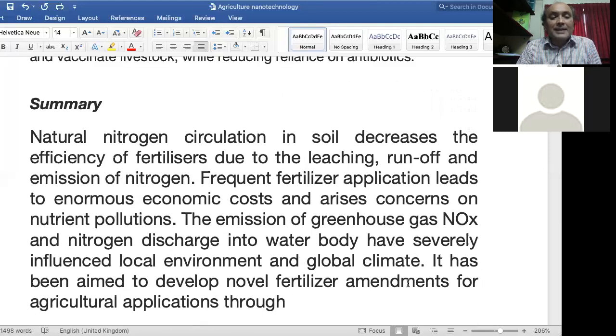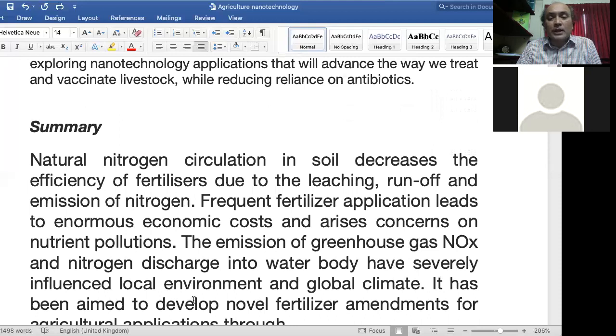So natural nitrogen circulation in soil decreases the efficiency of fertilizers due to leaching, runoff, and emission of nitrogen. You know it very well.